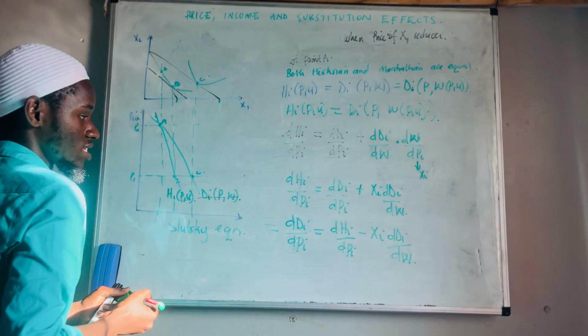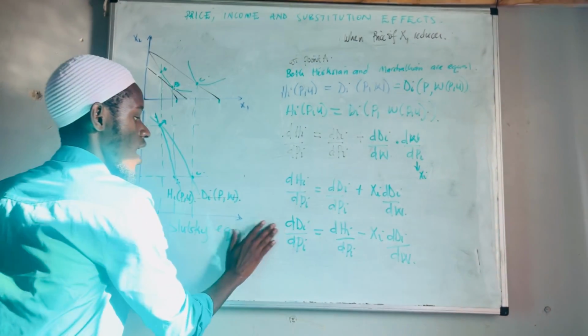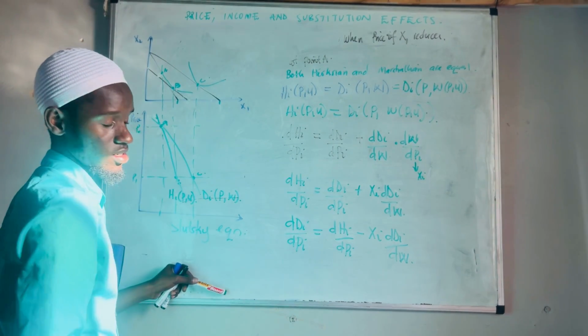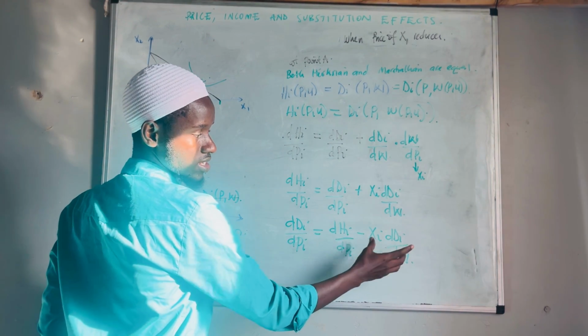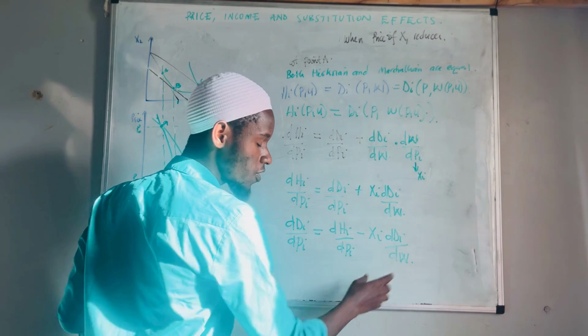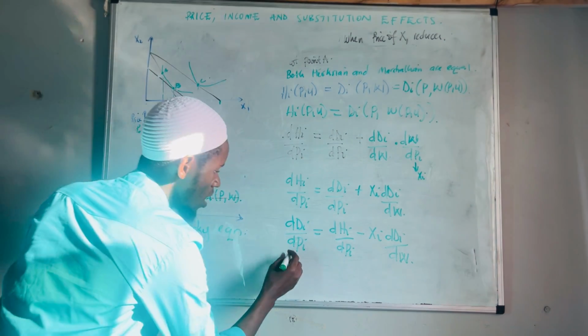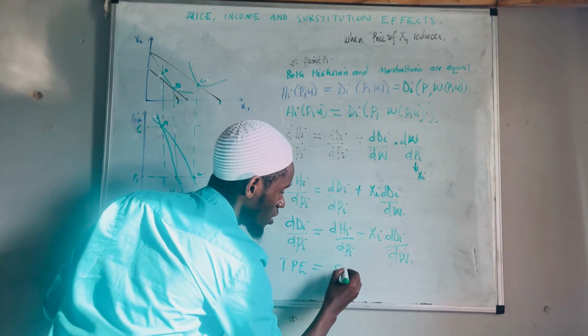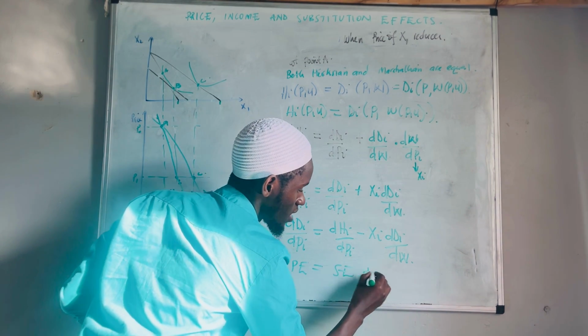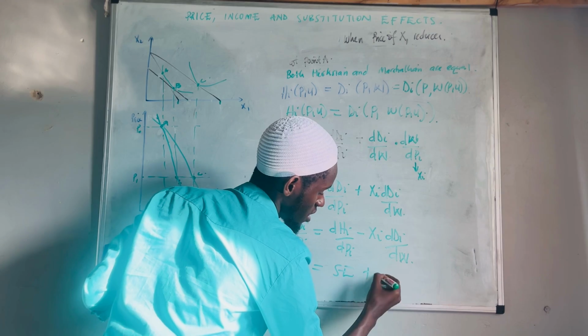What does it tell us? It tells us that the total price effect equals the substitution effect plus the income effect.